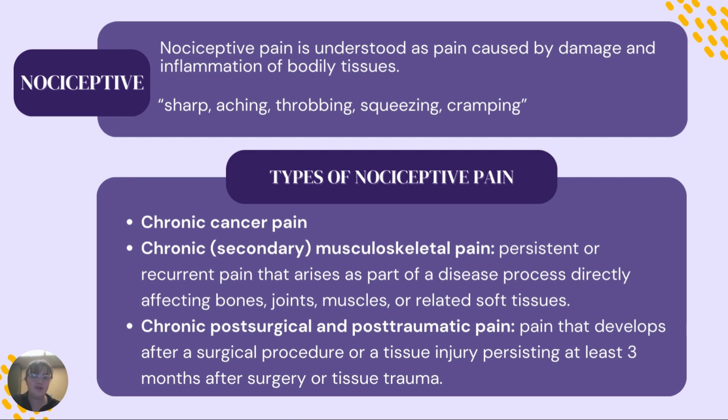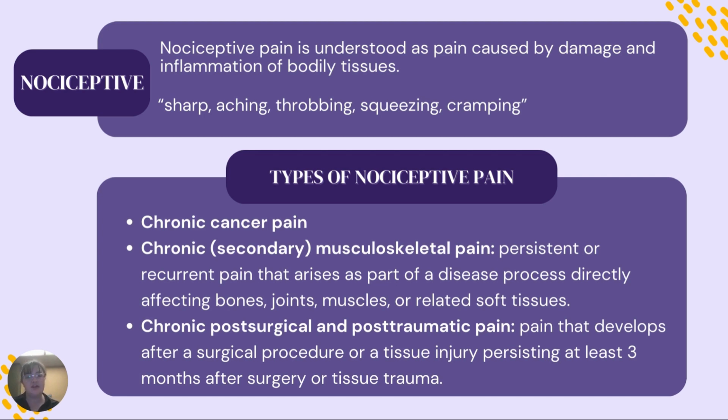But most common that we're going to see in inpatient rehab is going to be chronic secondary musculoskeletal pain. This is going to be pain that's caused by some kind of disease process. So when we think about arthritis or degenerative joint disease, those kinds of conditions are going to fall under this category. When we're talking about acute versus chronic pain, the time frame that's generally accepted is about 3 months.